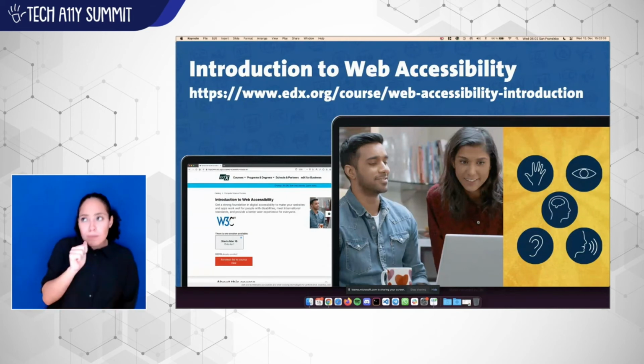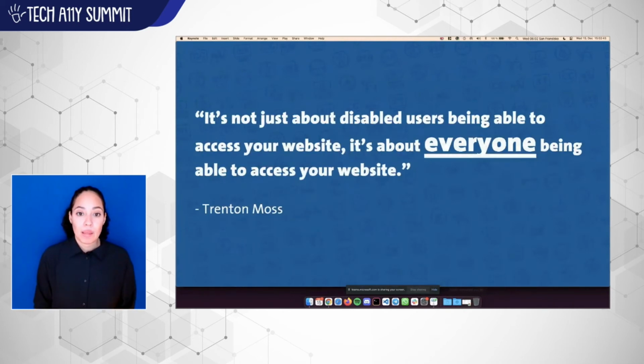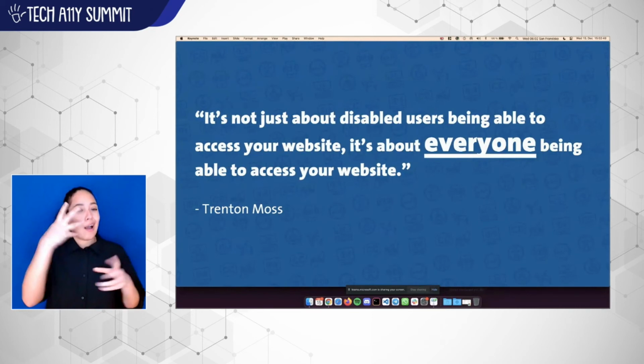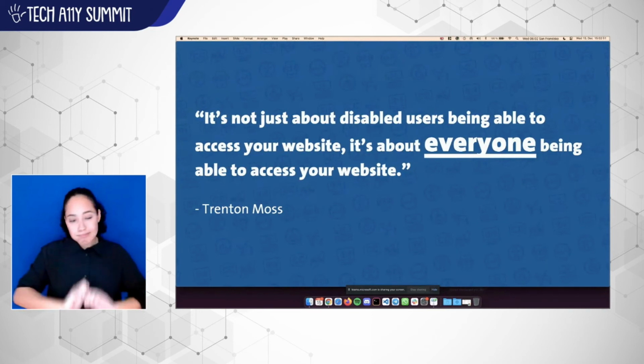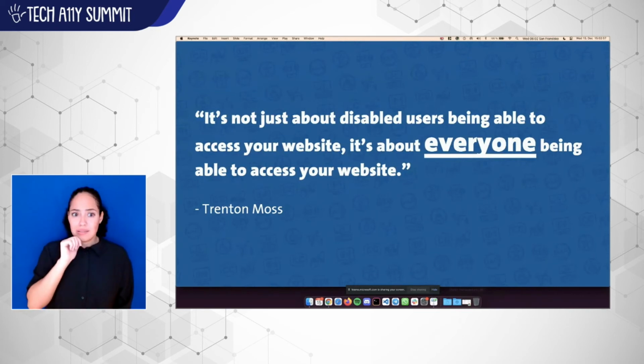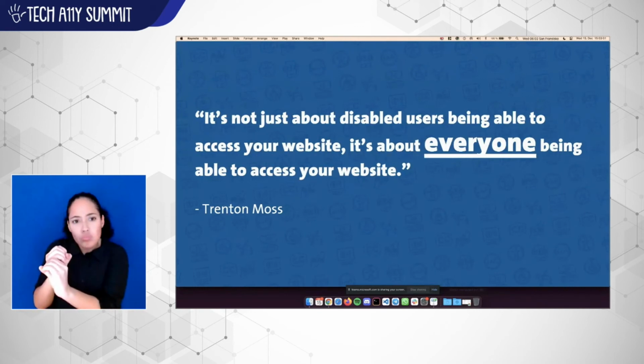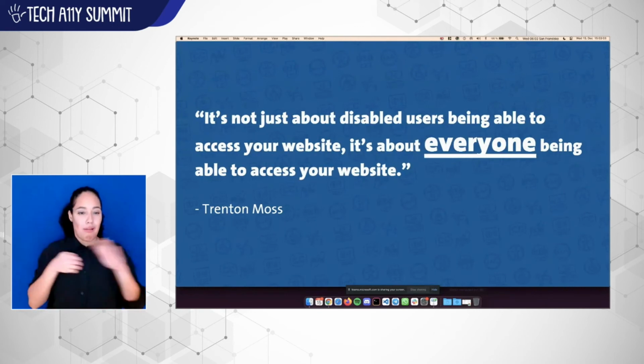And I want to leave with a couple of sentences that I think summarize the meaning of web accessibility. The first one is that it's not just about disabled users being able to access your website. It's about everyone being able to access your website. We already saw at the beginning and as well in Megan's presentation that there are a lot of impairments.